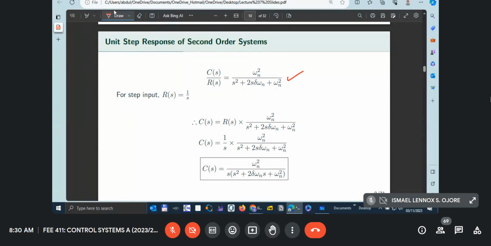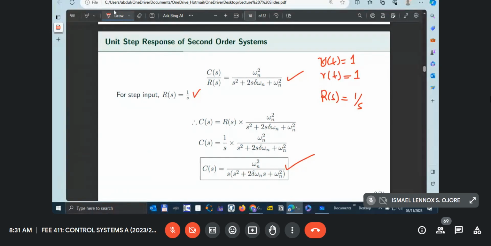This can be a voltage of 1. It can be a unit value. So we know that in Laplace, that will be 1 over s. So you apply that, and then you end up with that equation.